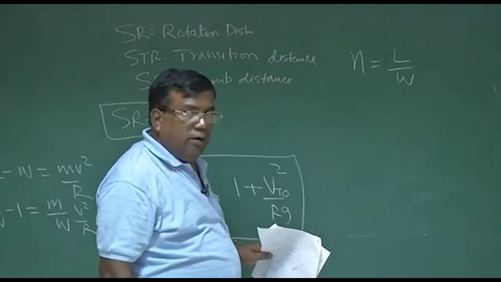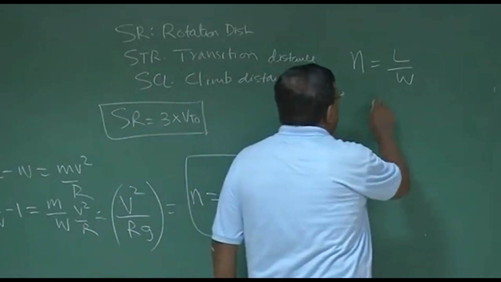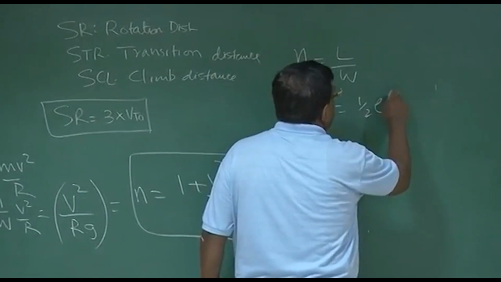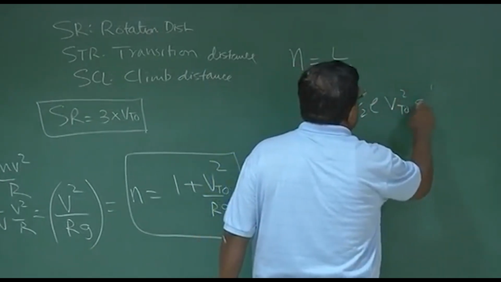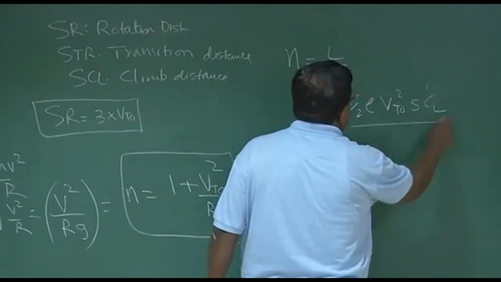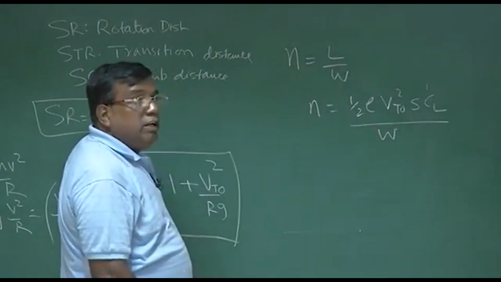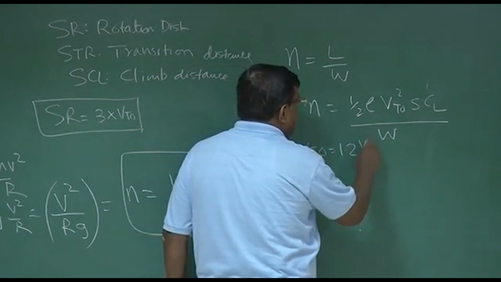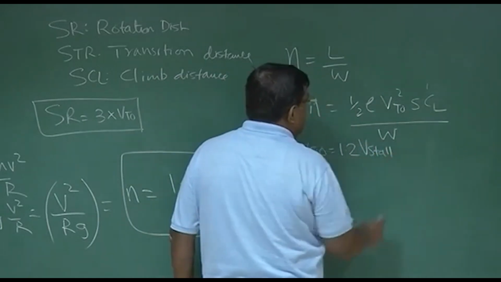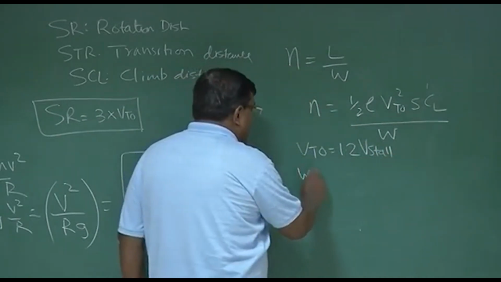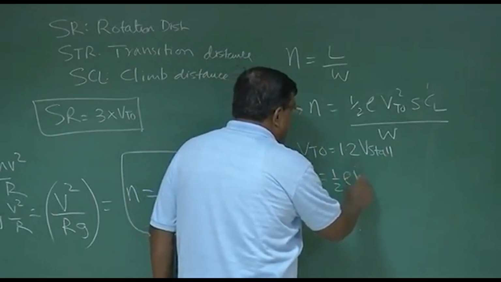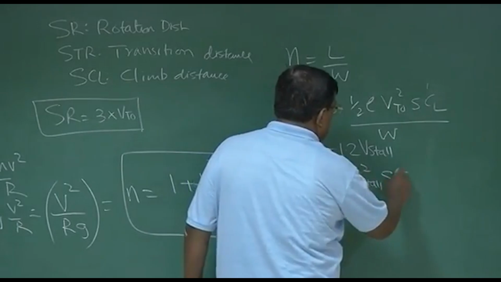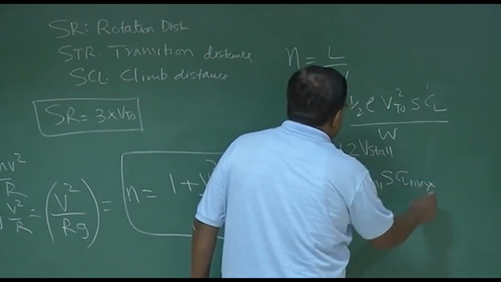When it is going for a takeoff, what do we know? Lift is half rho V takeoff square S CL, and W I write here. What is V takeoff? V takeoff is 1.2 times V stall. And what is W? W I can write as half rho V stall square S into CL max.